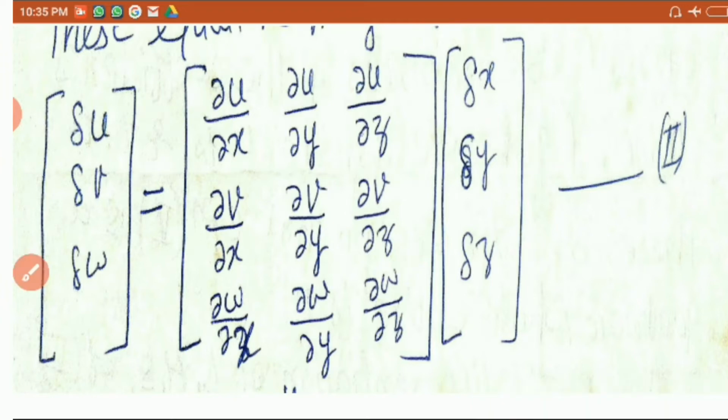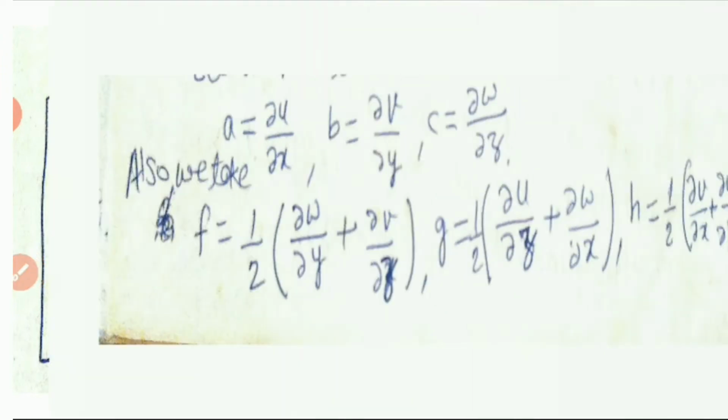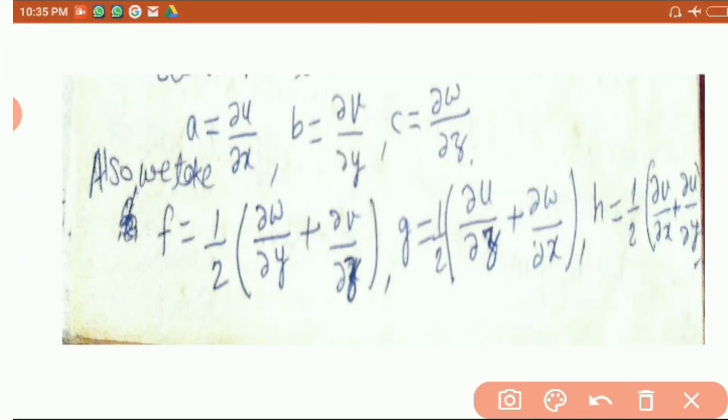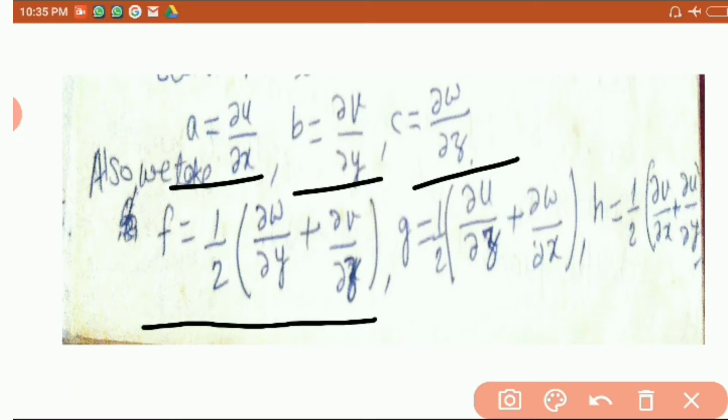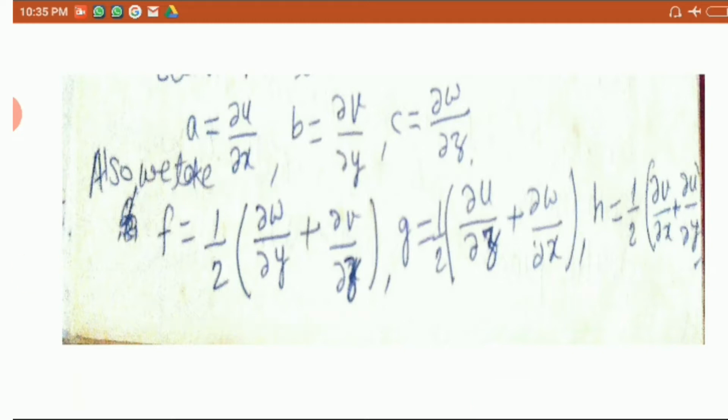Let us now write A is equal to dou u by dou x, B is equal to dou v by dou y, and C is equal to dou w by dou z. And also we take F is equal to 1 by 2 (dou w by dou y plus dou v by dou z), G is equal to 1 by 2 (dou u by dou z plus dou w by dou x), and H is equal to dou v by dou x plus dou u by dou y.